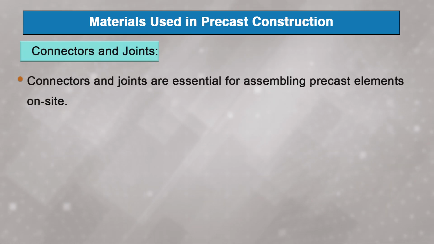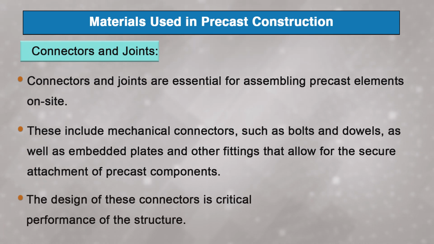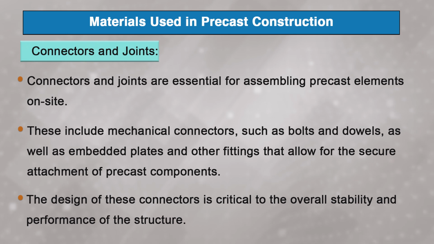Connectors and joints are essential for assembling precast elements on site. These include mechanical connectors such as bolts and dowels, as well as embedded plates and other fittings that allow for the secure attachment of precast components. The design of these connectors is critical to the overall stability and performance of the structure.